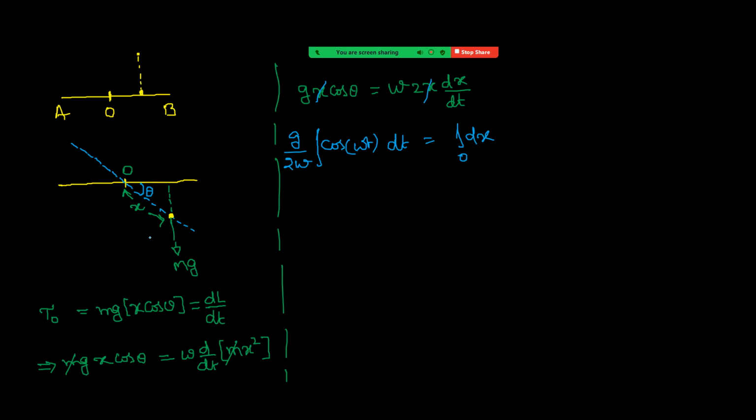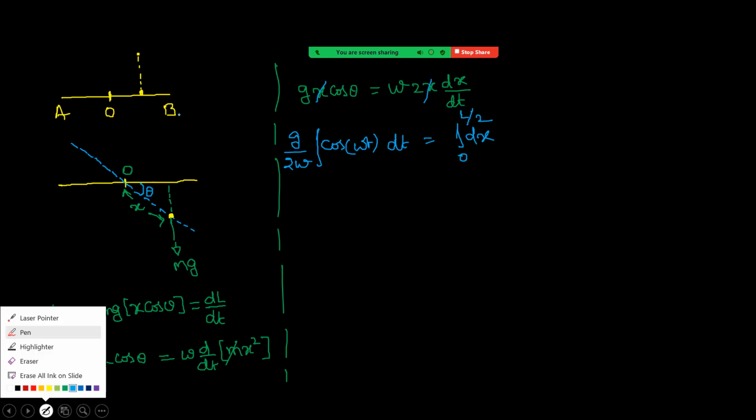X we have taken from point O, and the distance from O to B equals L by 2. Wait, why are we taking 0? We have taken the insect falling at the midpoint of O and B, so starting from x equals L by 4. Let me correct it.